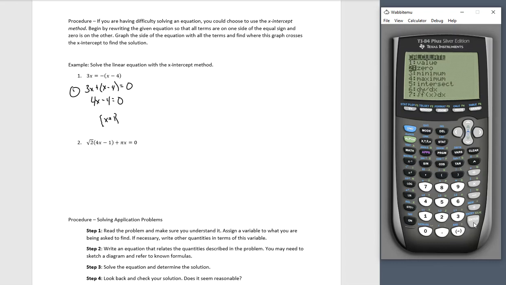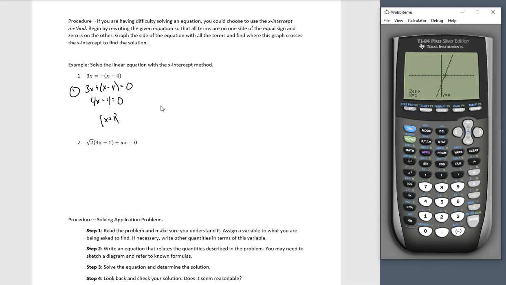It's equal to 0. What's a number to the left of it? An x value of 0 is to the left, so I hit enter. A value to the right of it, an x value of nearly 2 is definitely to the right. So we'll hit enter. I'm a bad guesser, I just hit enter. And here we find on the calculator that our x equals 1.